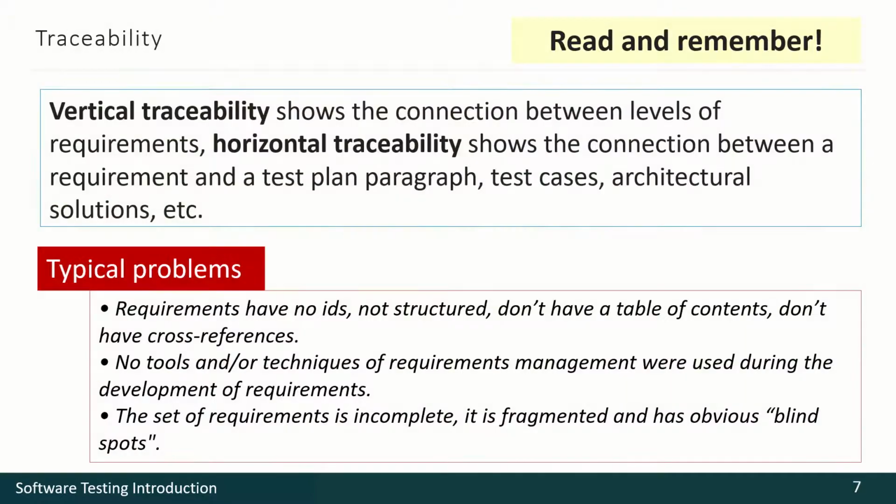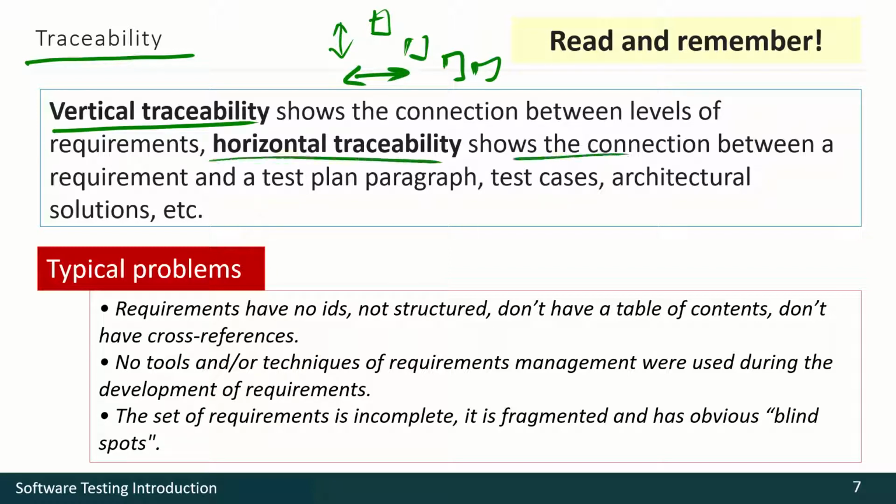The next property is traceability. Maybe you remember from one of the previous videos when we were talking about levels and types of requirements. We were saying that there is vertical traceability, and there is horizontal traceability. Once again, here are the definitions. And typical problems are rather clear.